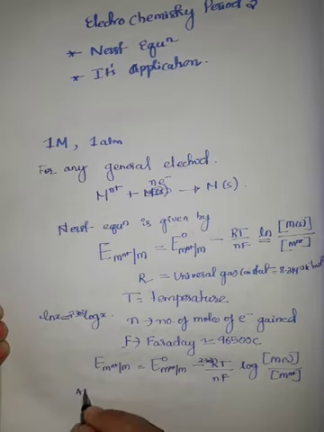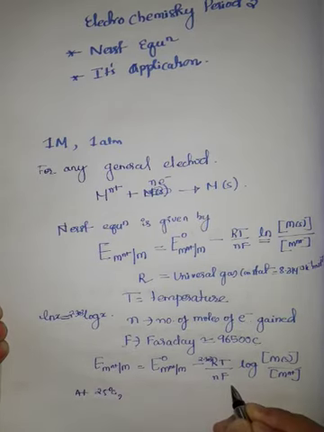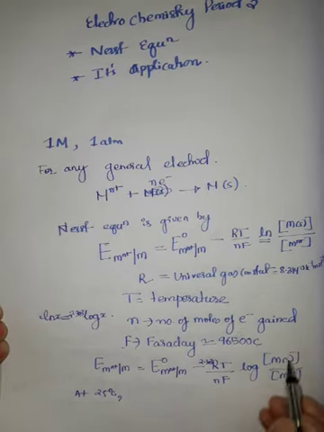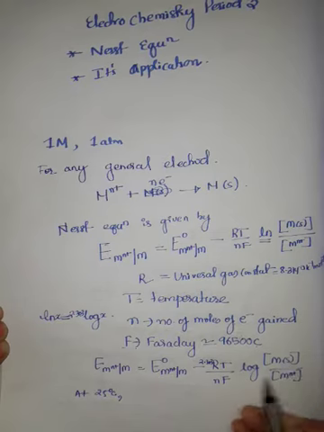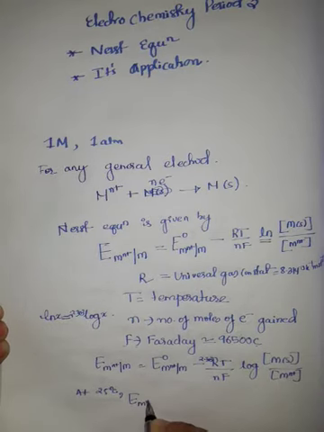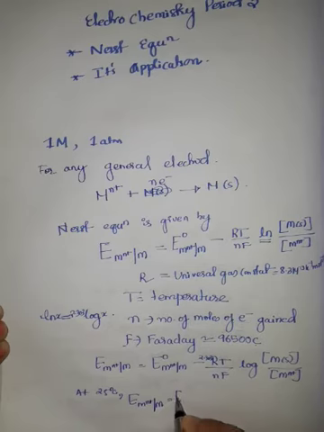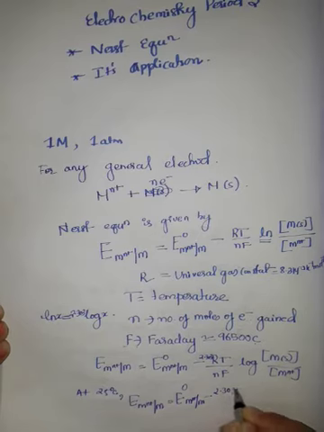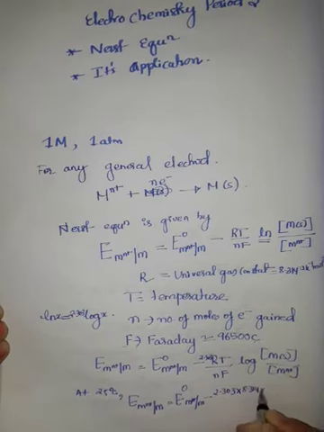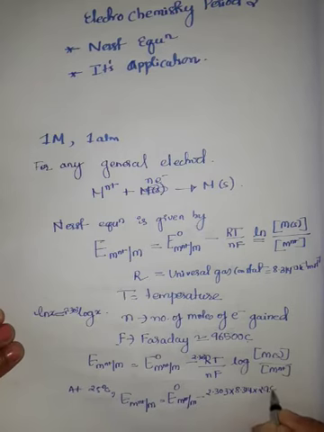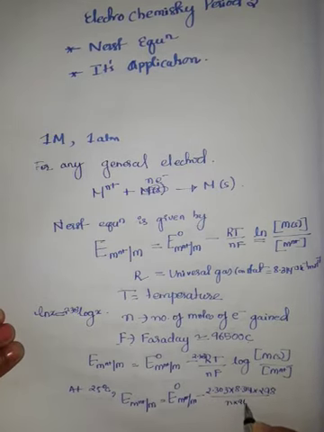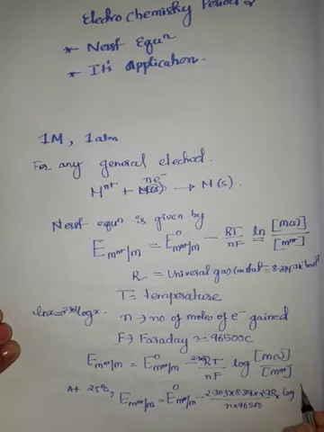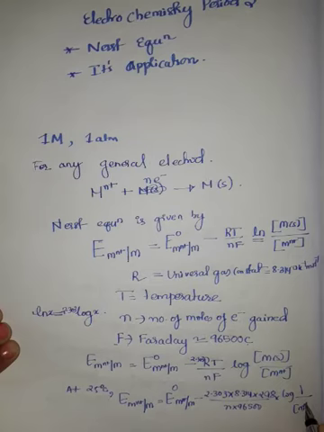Now at 25 degrees centigrade, when we substitute all the values, and since the concentration of a solid is always taken as unity, we can write E of M^n+/M is equal to E naught of M^n+/M minus 2.303 into R, which is 8.314, into temperature 298, divided by n into Faraday 96500, into log of the concentration of the solid, taken as 1, divided by the concentration of the metal ion.